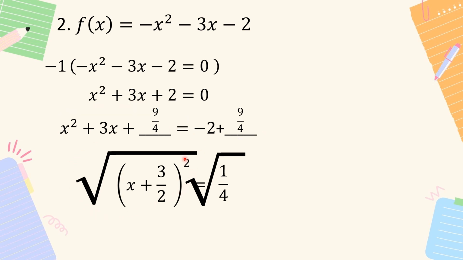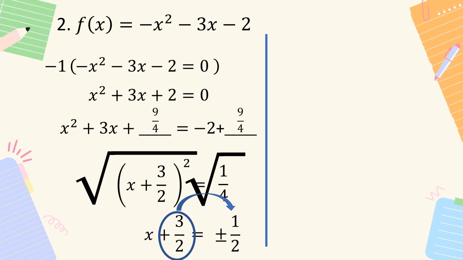The square root of the square of the sum of x and 3 over 2 is equal to x plus 3 over 2, equals the square root of 1/4, which is equal to positive negative 1/2. We now transpose positive 3 over 2 to the right side of the equation. We can now solve for the values of x.